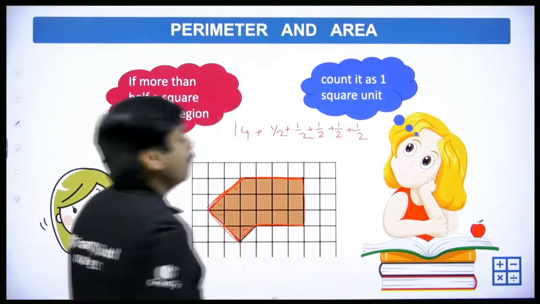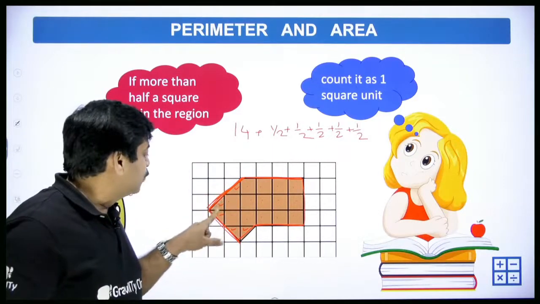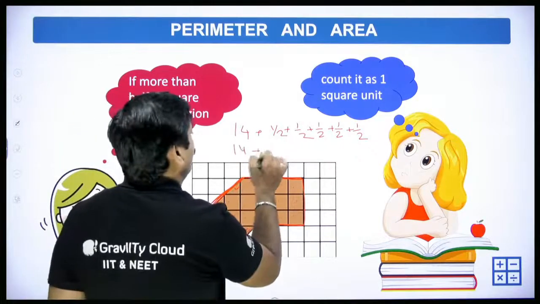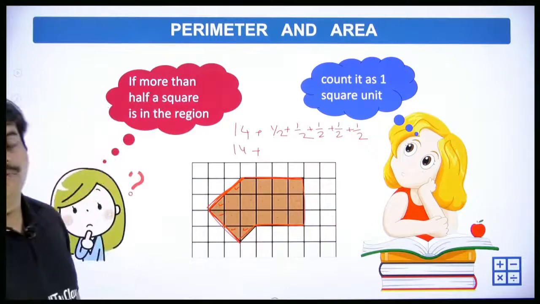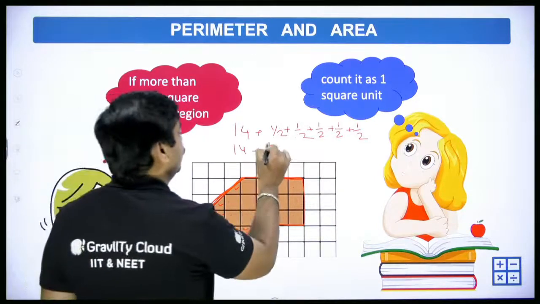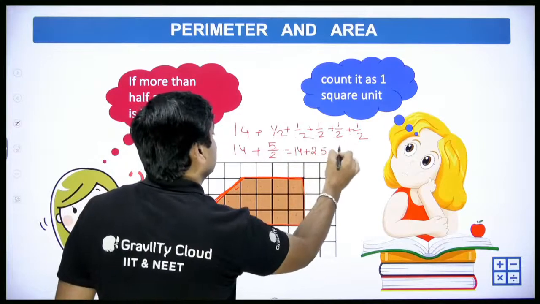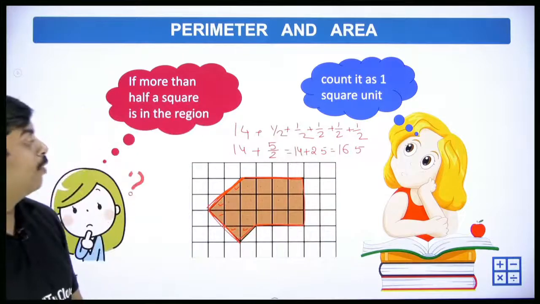Once again, let me count the half boxes we have: 1, 2, 3, 4, 5. So 14 plus 1/2 five times gives 5/2. 14 plus 5/2, which is 14 plus 2.5, which is 16.5.